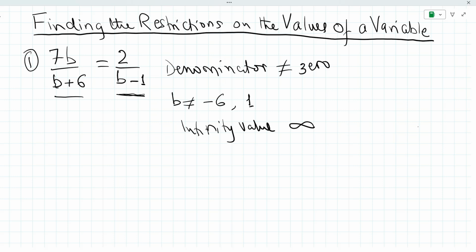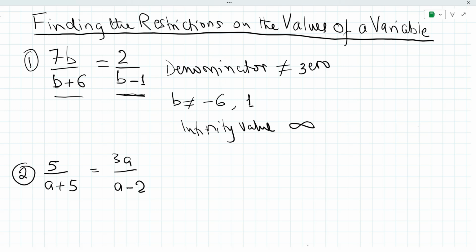All right. Okay, now let's try second example 2. Let's suppose you're given 5 divided by a plus 5 is equal to 3a divided by a minus 2. Clearly here, as we said, the denominator must not equal 0.